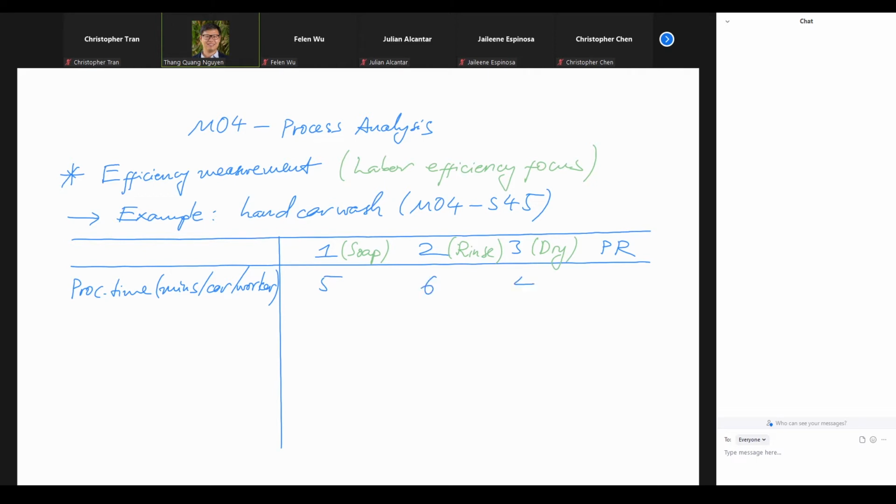We have 4 minutes here, right? And then the total of these has a good meaning, but because we do not need it now, I would cross it out. Later on, we're going to talk about that as a new concept, but for now, we do not need it, right? So that's the processing time. It takes 5 minutes at station number 1, 6 minutes at 2, and 4 minutes at 3. The second line tells us the number of workers.